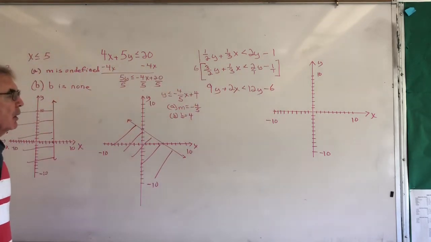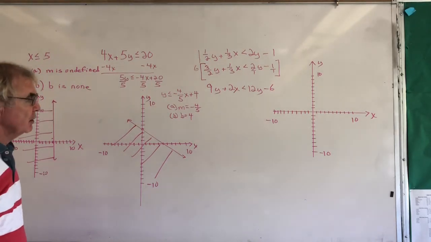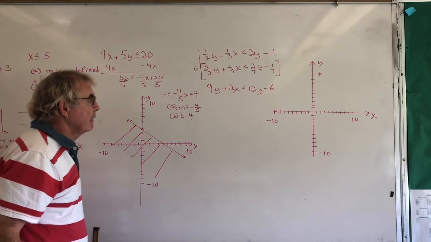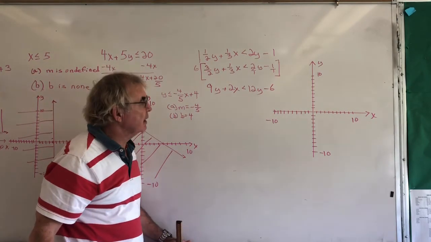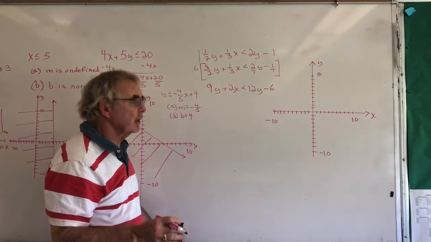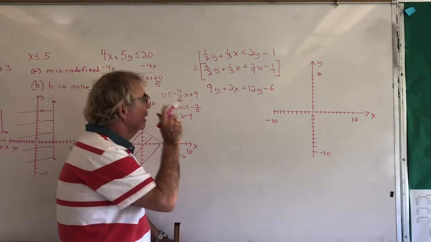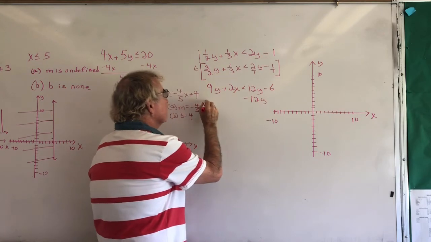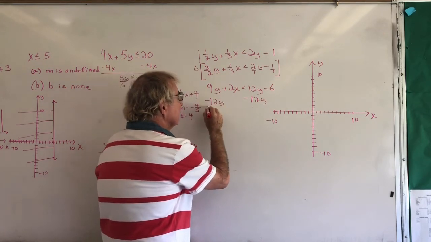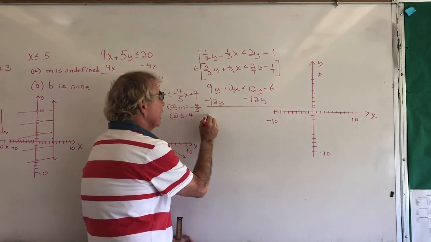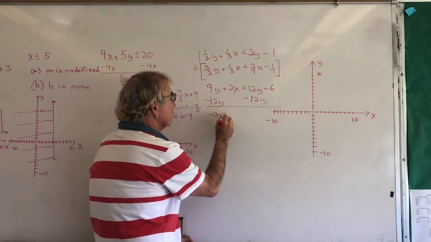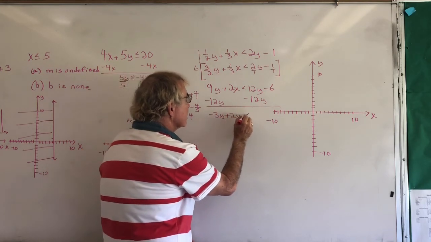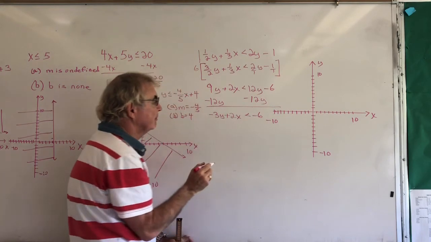Now, let's decide what would be the quickest way to do this. Well, I want to reinforce a concept, so I choose to do it this way. We're going to subtract the 12y from both sides, and we get negative 3y plus 2x is less than negative 6.